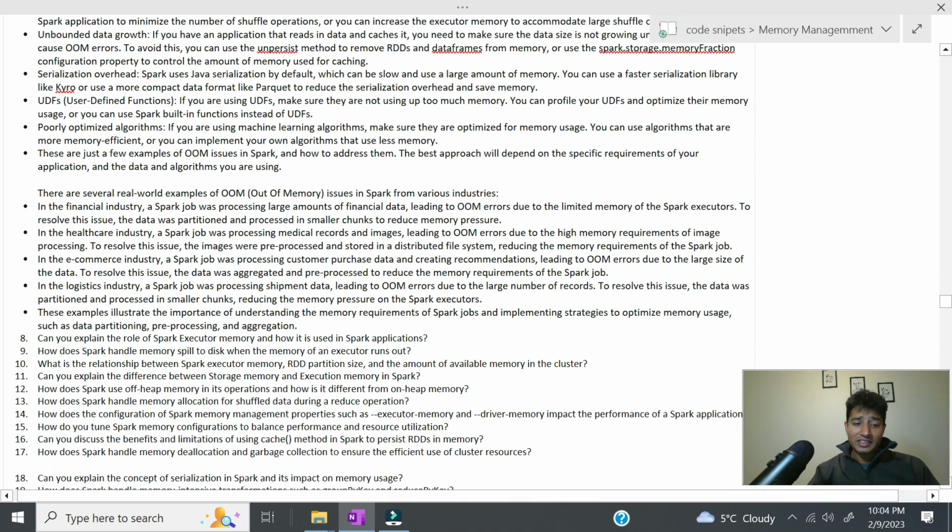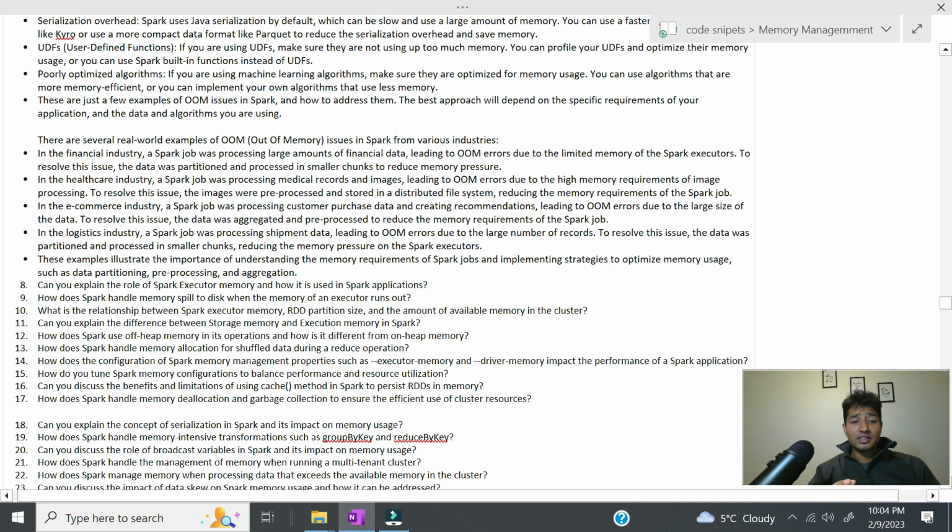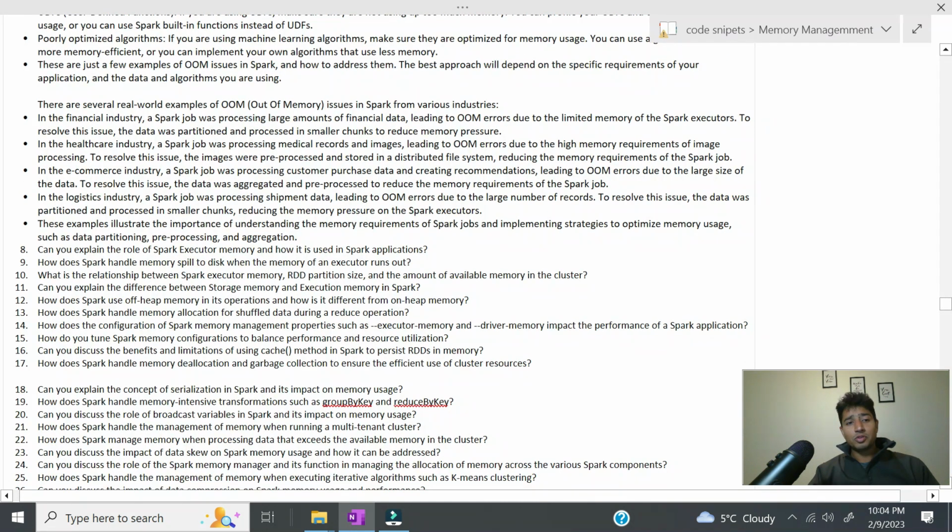Now, if somebody asks you what are some real world examples, right? Let's talk about the financial industry. If you have a Spark job running which is processing a large amount of financial data, the out of memory error in this scenario can be due to the limited memory of a Spark executor.